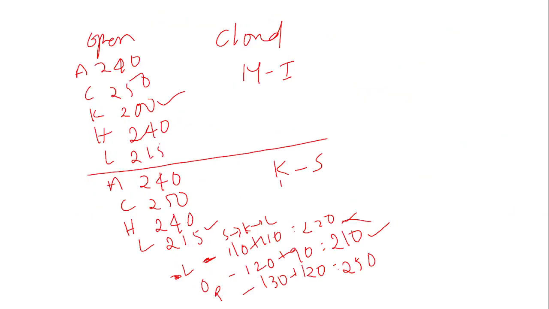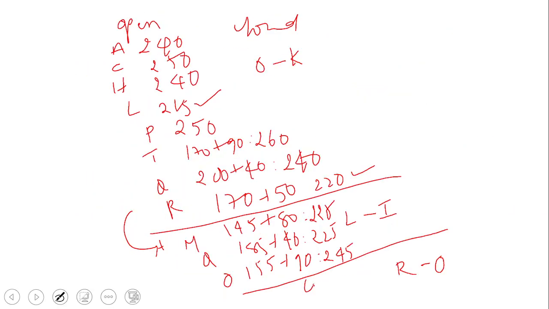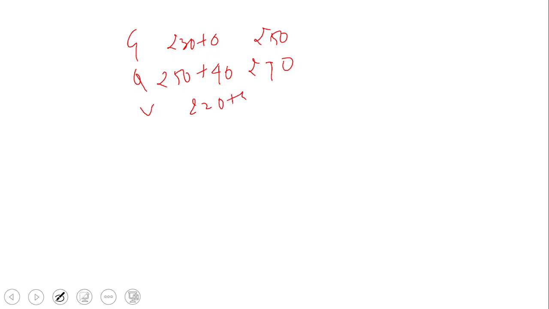Okay. Now write what are the values we are having for G, Q and V. For G, I'm writing in the next slide. G is having 230 plus 20, that is 250, and Q we are having 250 plus 40, that is 290, and V is having 220 plus 50, we'll get it as 270.